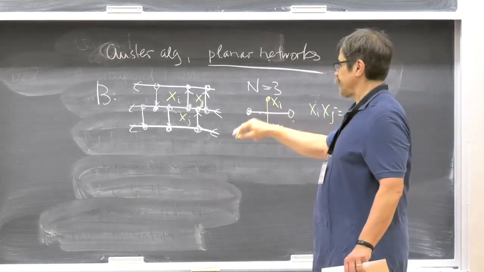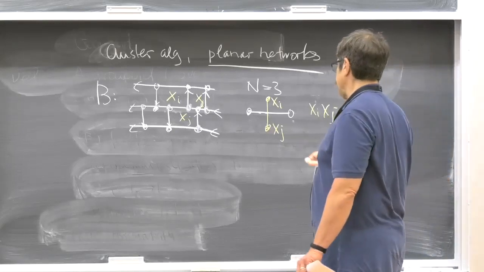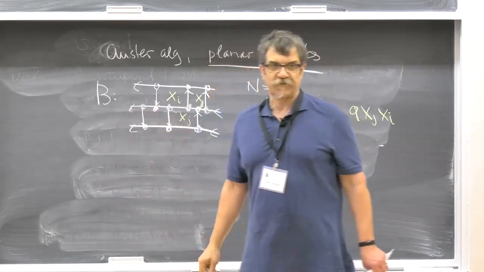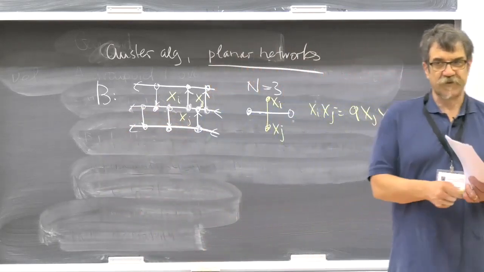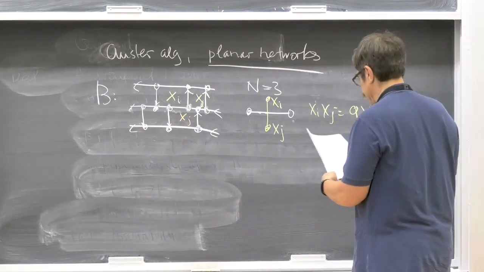If vertices are of the same color, then they commute. And there are some additional rules when we have half edges, where we have basically half of the relations. Again, because of lack of time, I will not write this.